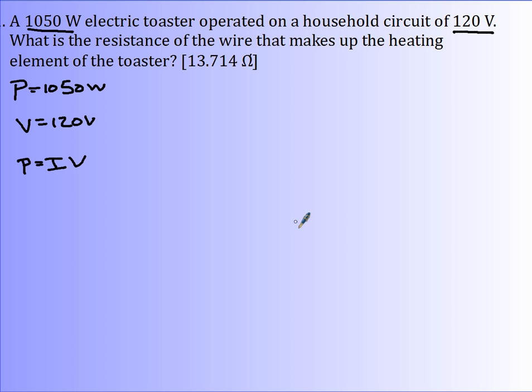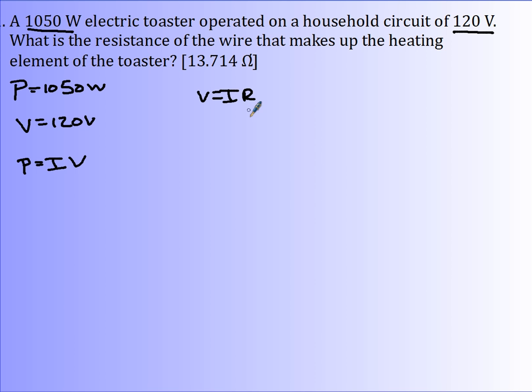I told you, I always start with this one. And I know V is IR. So I'm going to plug this in, and I have I times IR. No, I don't want to do that. Again, mistakes happen. I don't want to do that one because I want resistance in there, don't I?